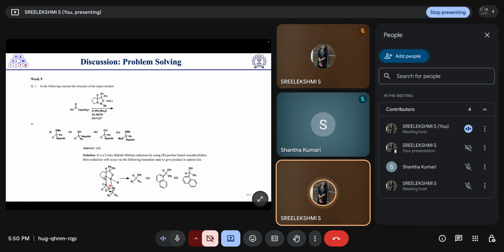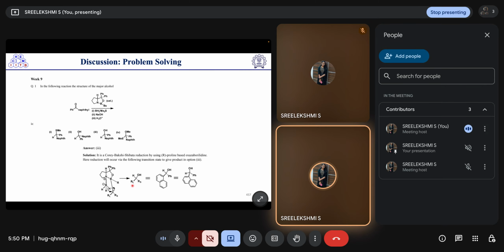So if we see, this hydride is coming over this ketone and this is moving over here to form this particular compound in such a way that it will have this particular stereochemistry. This corresponds to the large group over here and the small group over here, so that will be giving this compound. So the correct answer would be option 3.